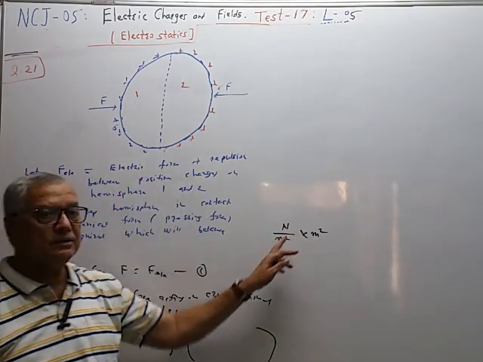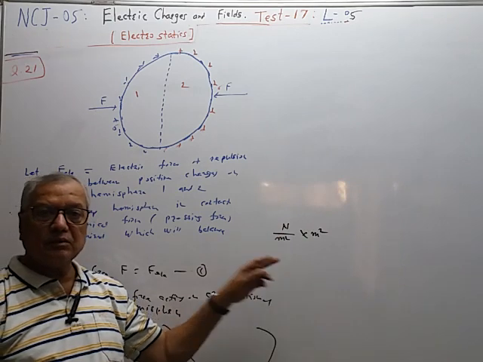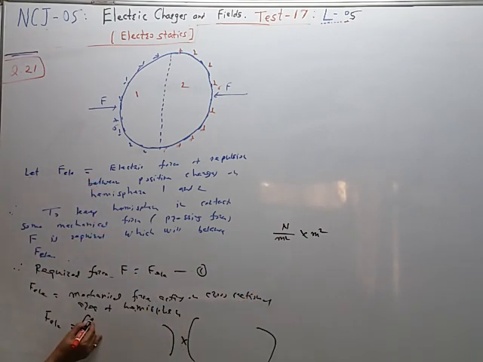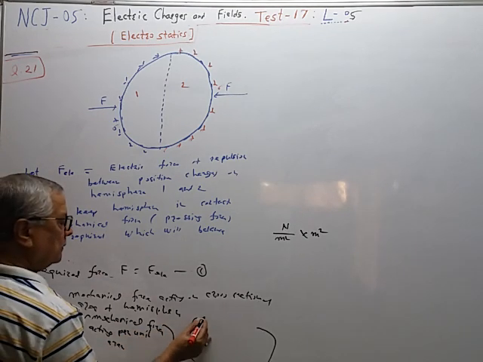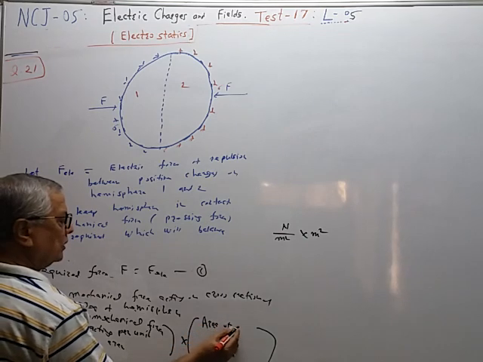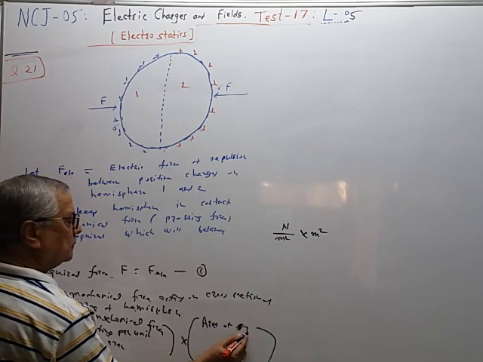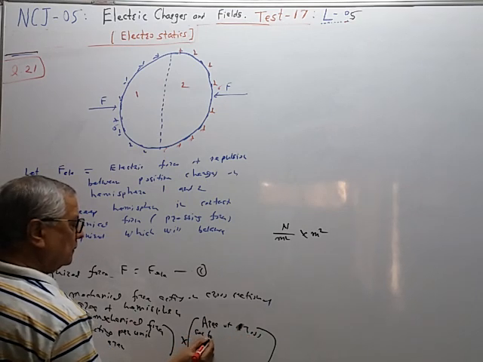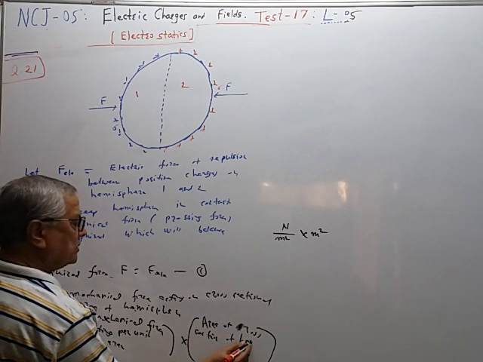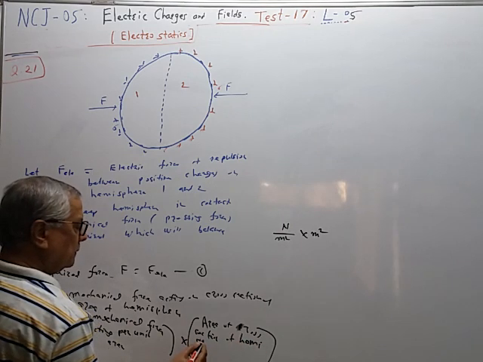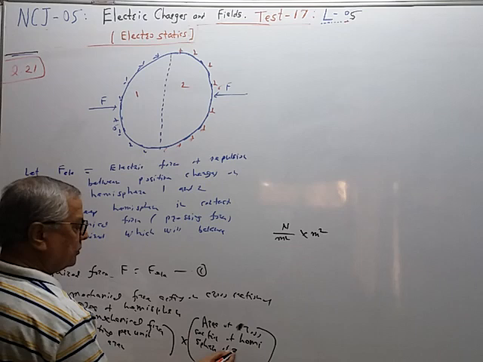Meter square will get cancelled. So Newton per meter square, it is nothing but mechanical force acting per unit area multiplied by area of cross section of the hemisphere of radius r.